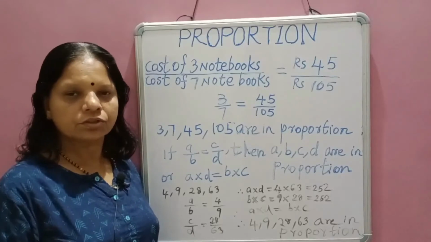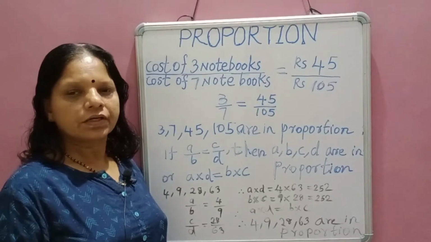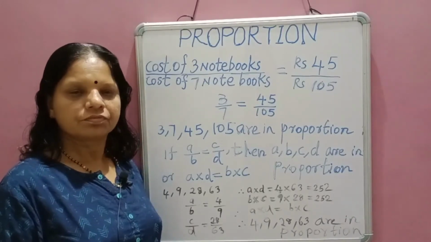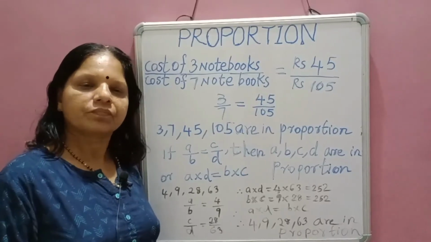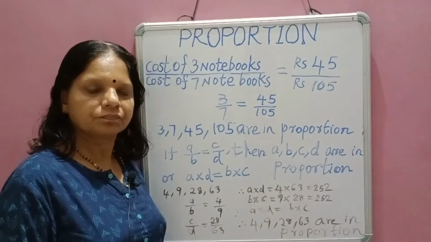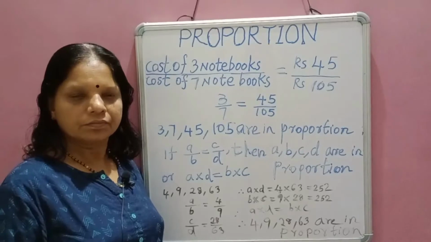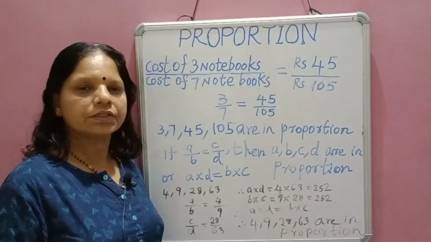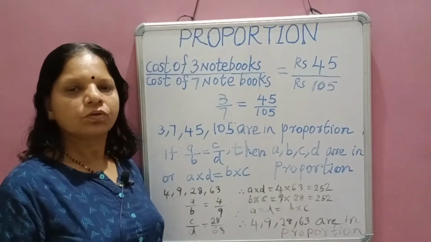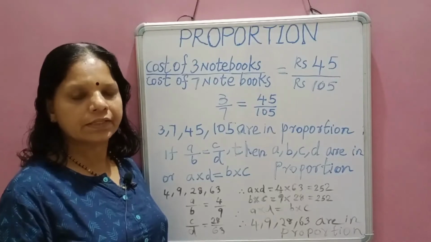So that ratio should not change. Now, what is the ratio of cups of tea? 4 upon 12. 4 upon 12. So, what is the relation? 4 3s are 12. So, each part of the ratio you have to multiply by 3.